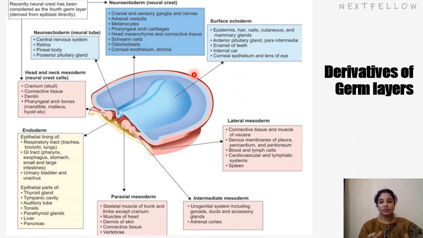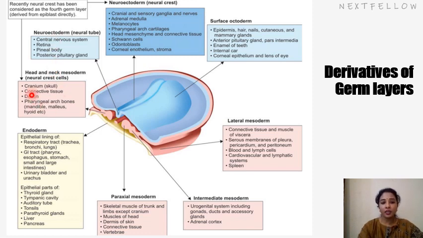So here is a final chart to understand the derivatives of all the germ layers. Here we can see ectoderm. Ectoderm divides into neuroectoderm and surface ectoderm. Neuroectoderm will form the central nervous system, retina, pineal body and posterior pituitary gland, and neural crest cells are also derived from the neuroectoderm.